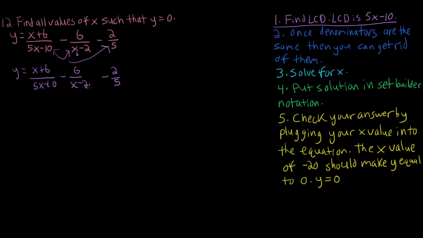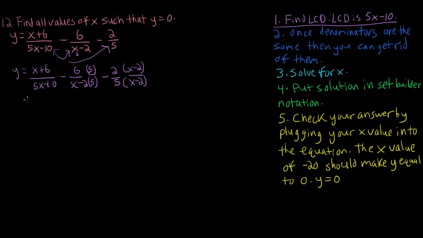To get x minus 2 to be 5x minus 10, we have to multiply the denominator by 5, which means we multiply the numerator by 5 as well. And then to get 5 to be 5x minus 10, we have to multiply the denominator by x minus 2 and do the same for the numerator.